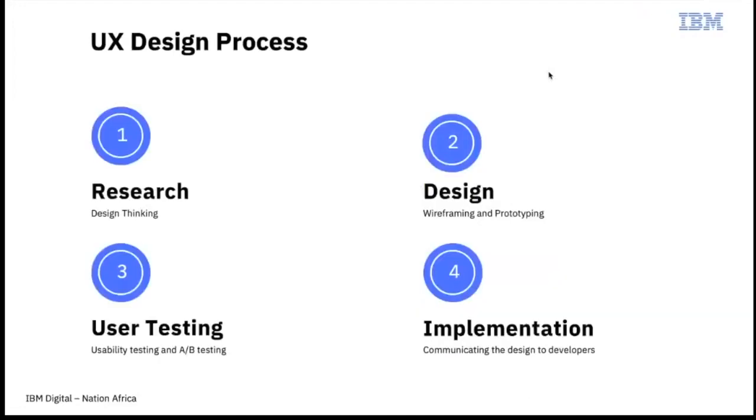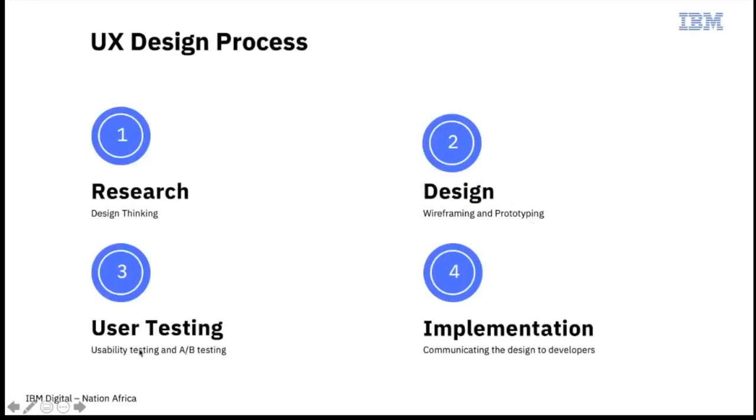To recap, there are 4 main steps in the UX design process. The first step is research. You do research by doing design thinking, as you mentioned. And the next step is design. This design involves creating a wireframe and creating a prototype. The third step is user testing.